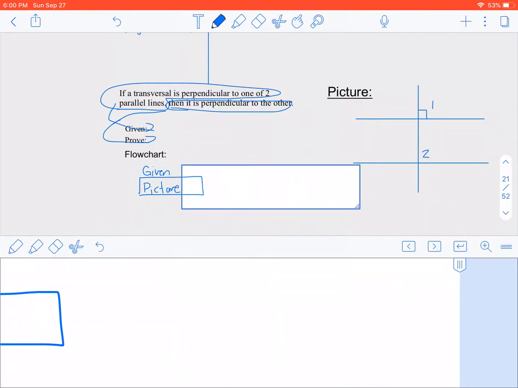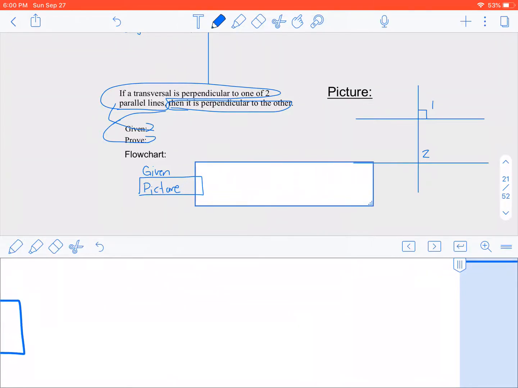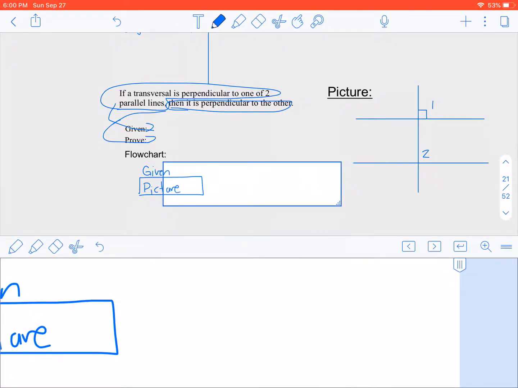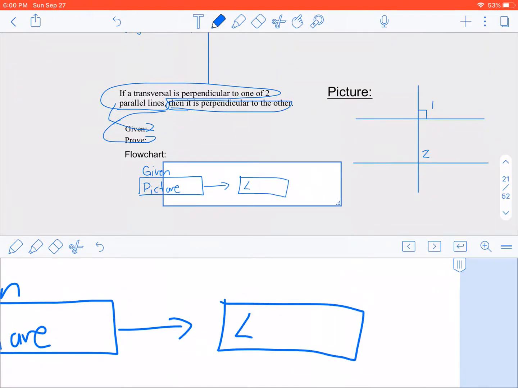After that, I see, well, if angle 1, I'm going to go ahead and write, based on my picture, that angle 1 is 90 degrees. And how do you know that?